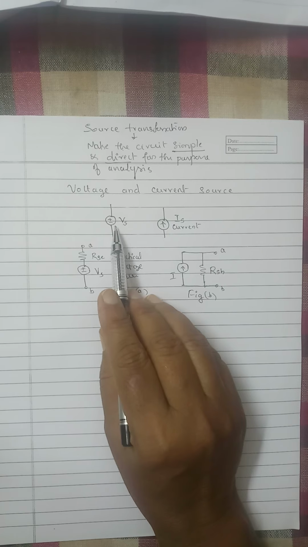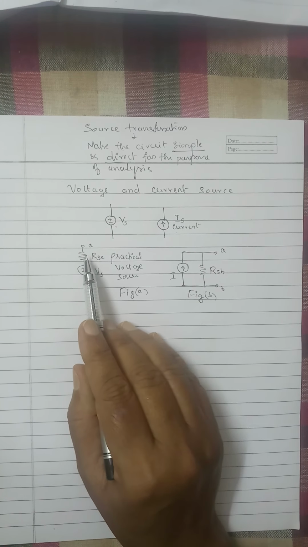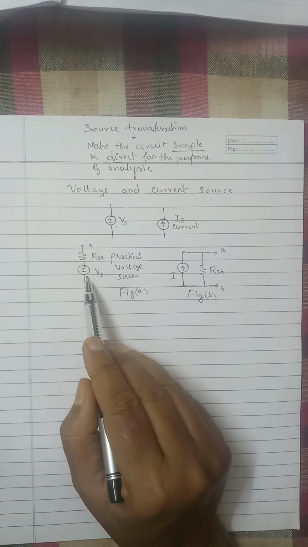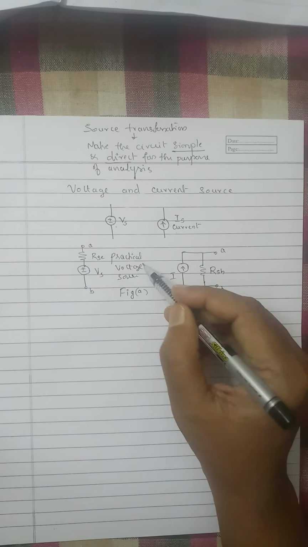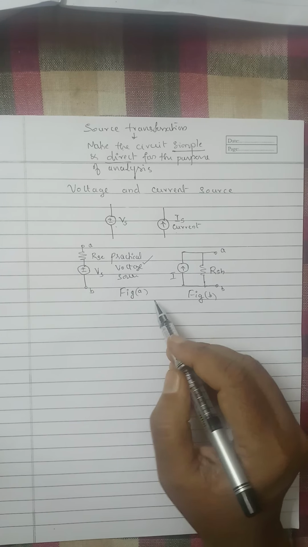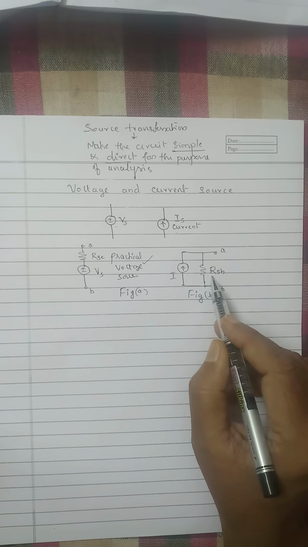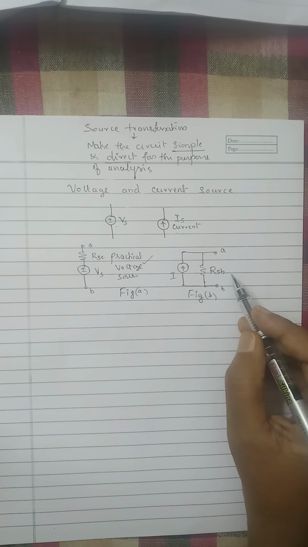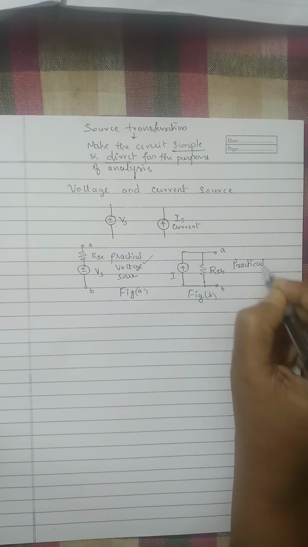In the case of an ideal current source, there is no parallel resistance across the source. If a small resistance exists in series with a voltage source, the resulting symbol is known as a practical voltage source. Similarly, if a large resistance appears across a current source, the resulting symbol represents the practical current source.